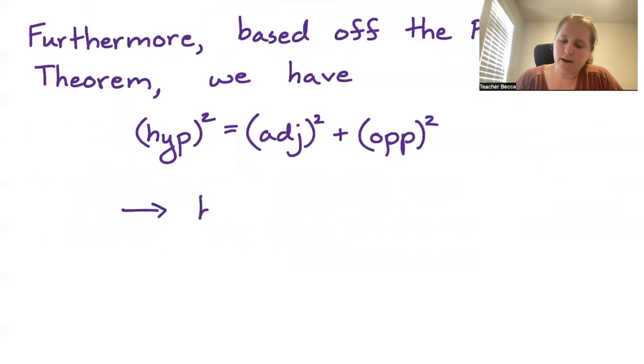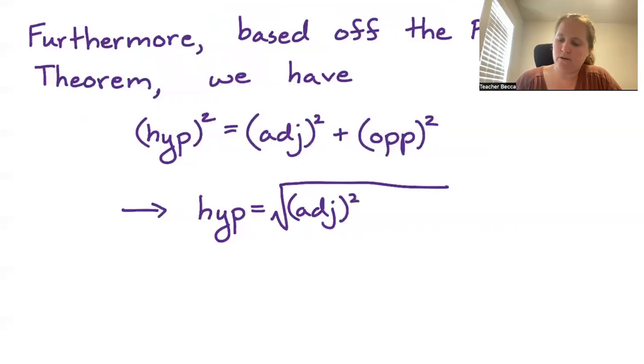Therefore, we have that the hypotenuse should be equal to the square root of the adjacent squared plus the opposite squared.